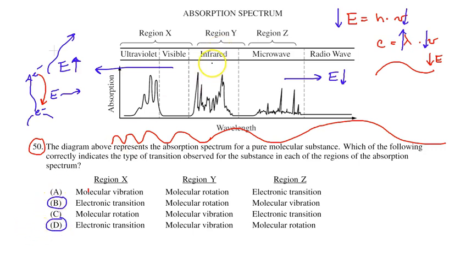Now, as I've talked about previously, the infrared region is when bonds in molecules like water rotate, or I should say they stretch or move about their bond lengths. So this one could be stretching back and this one could be stretching out. So these bond lengths can be changing.